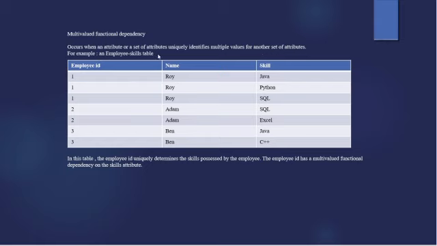For example, an employee skills table. Here we have got an employee skills table where we have got employee's ID as an attribute, employee's name as an attribute, then employee skill as an attribute, and then we have got these couple of instances below our attributes.